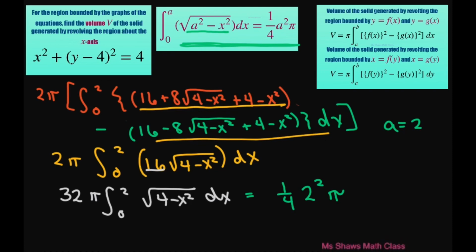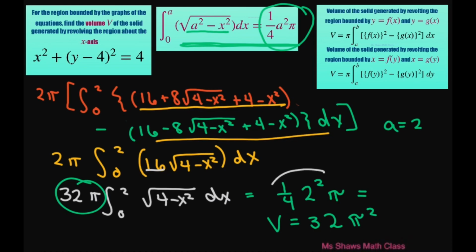Now my volume is going to be 32 times that, because we have to multiply this by 32 pi, so we just have 32 pi times pi. So this is your volume.